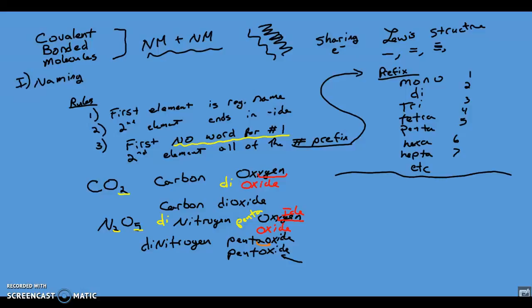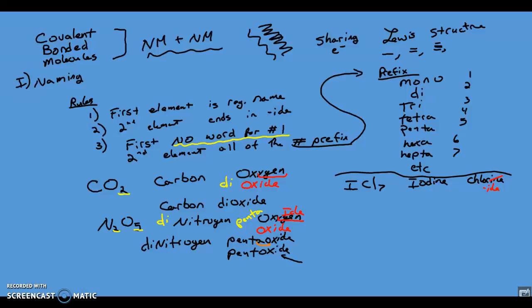We have another example, ICl7. First element, iodine, then we have chlorine, and we have to change our ending from ine to ide. And we need to change our number.